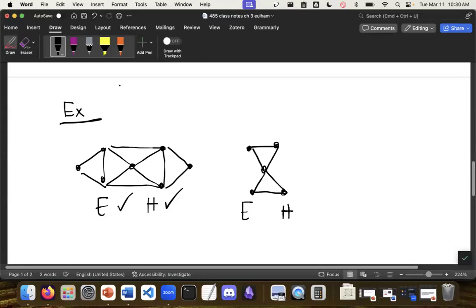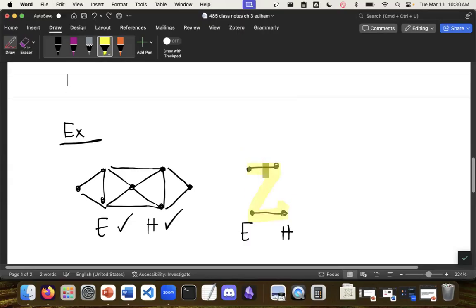Yeah. Maybe if we start here, we go down. Ah, no. And then back up. Great. So now I would like to erase that. Eulerian, check.